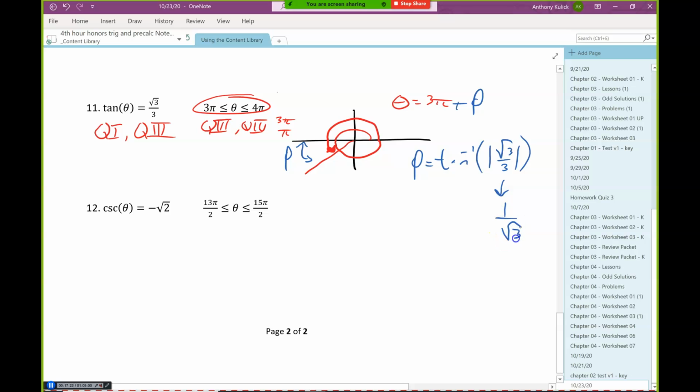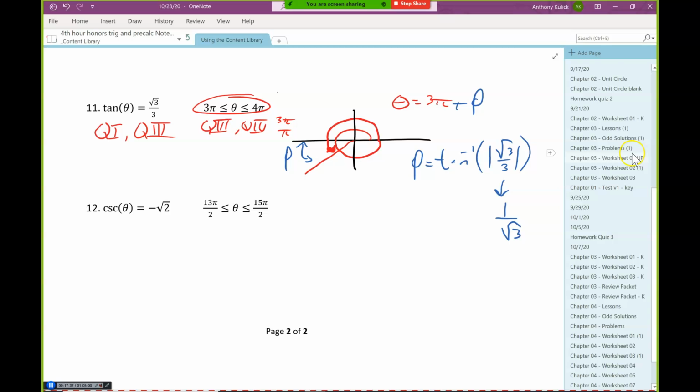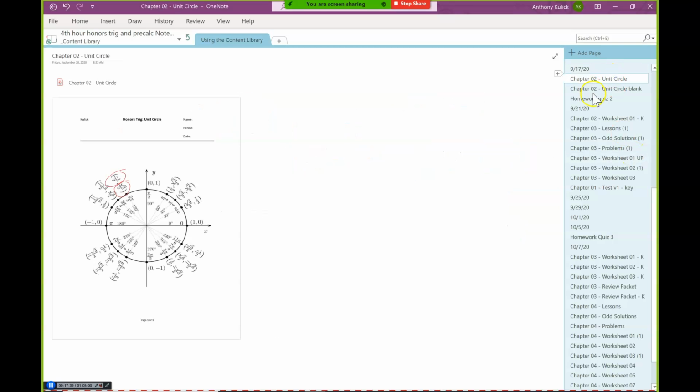If I go to my unit circle and look at that, I'd have pi over 6. Is that okay? Or if we're looking in quadrant 3, we would have picked 7 pi over 6.